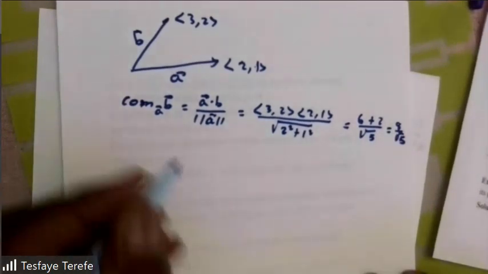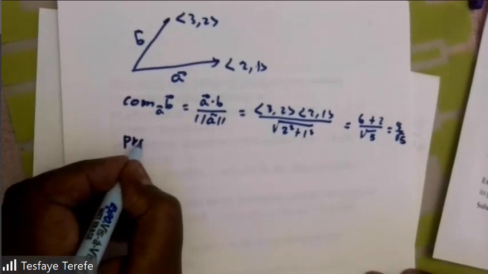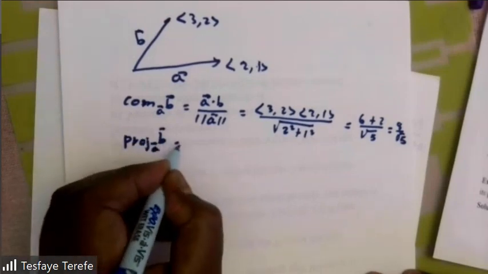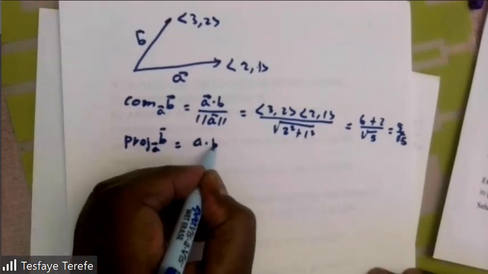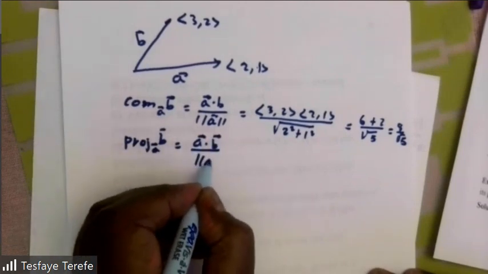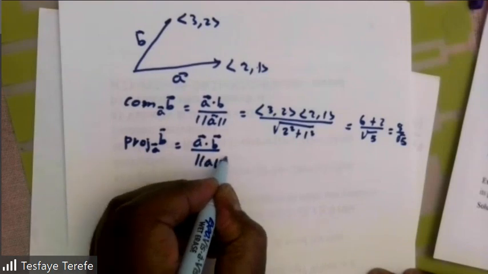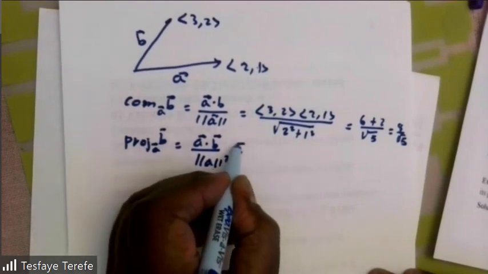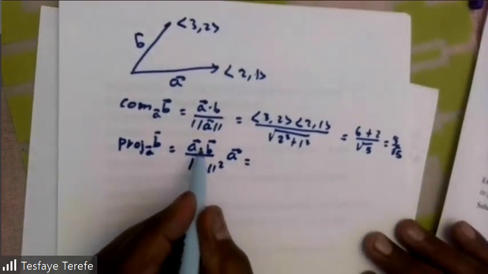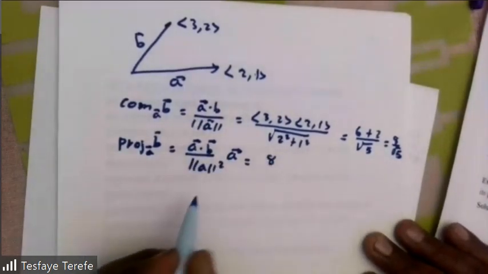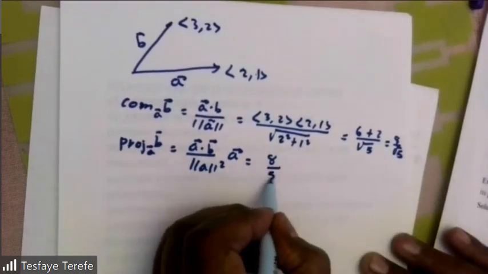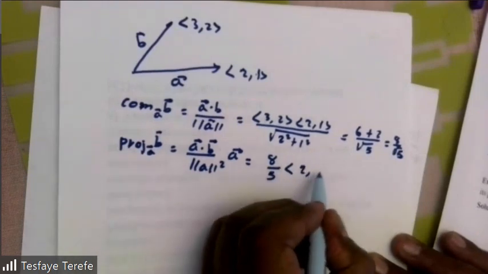And as you know, component is a scalar, and I have that scalar. And now what will be the projection? It is A dot B divided by the norm of A squared, and multiplied by vector A. This one I have already, 8, and the norm of A is square root of 5, therefore it is going to be 5, and vector A has a component (2, 1).